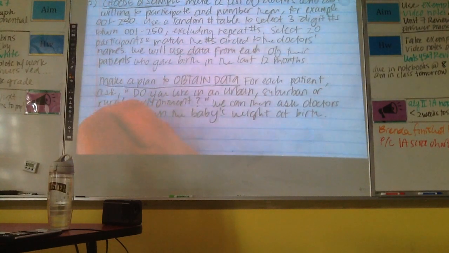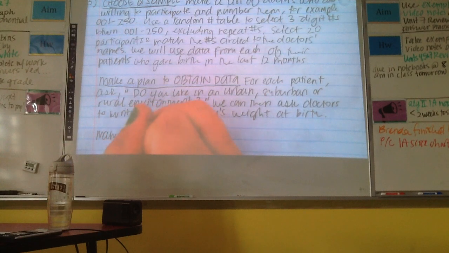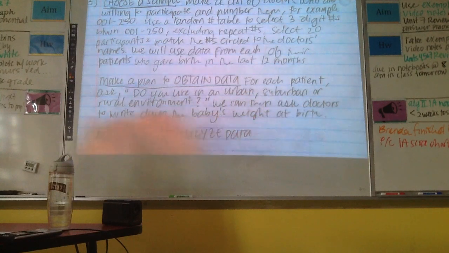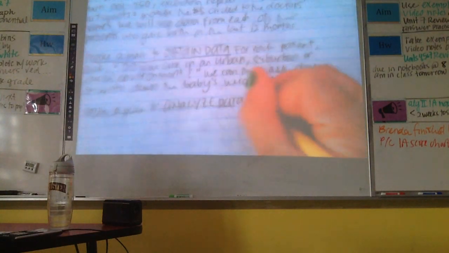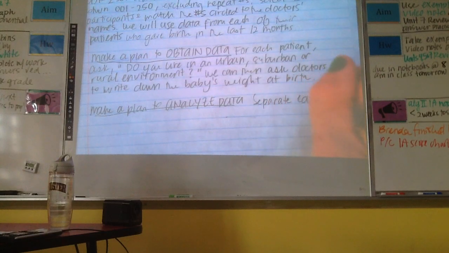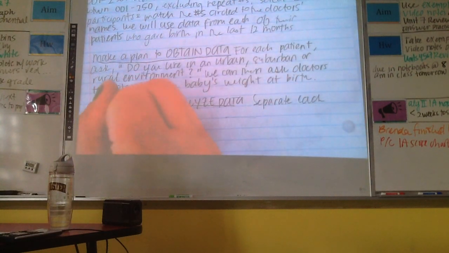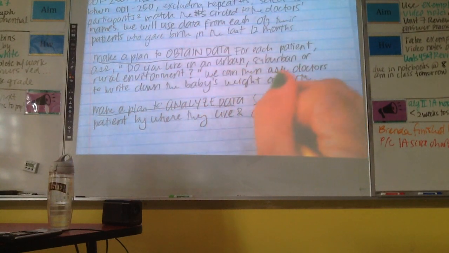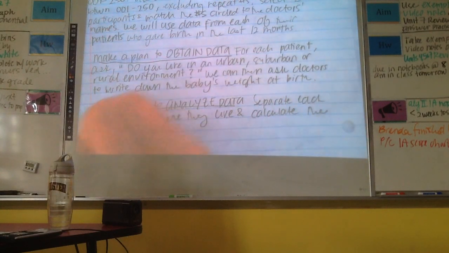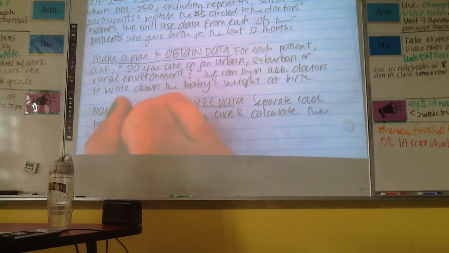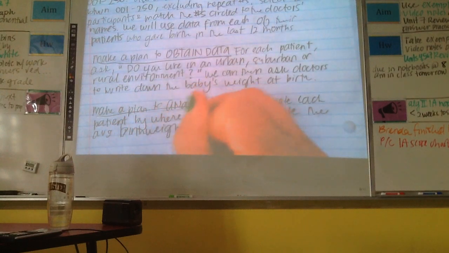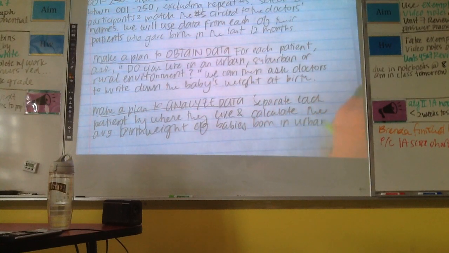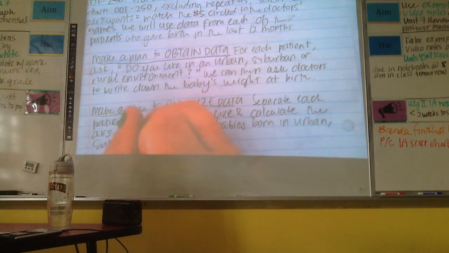Okay, final thing we need to do is make a plan to analyze data. So we can say separate each patient by where they live and calculate the average birth weight of babies born in urban, suburban, and rural areas.